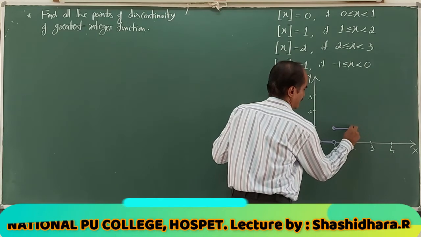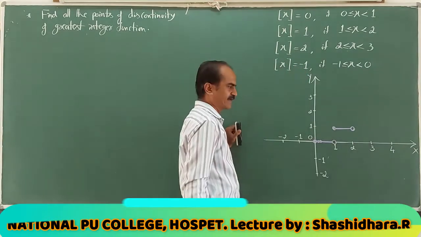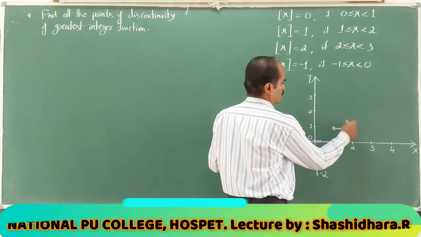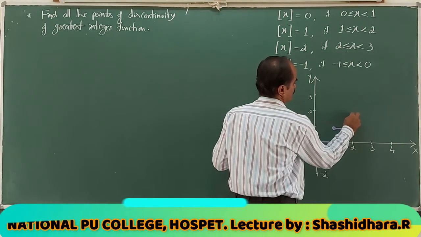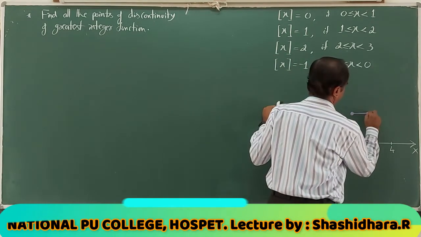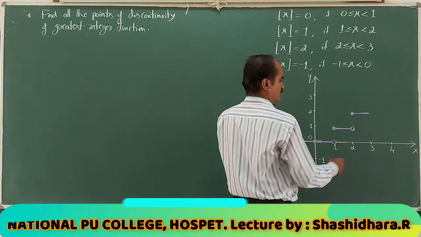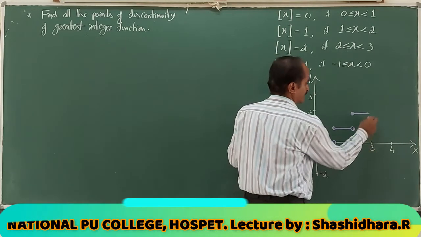And here I write a not without shading, indicating that at x equal to 2, the function value becomes 2. So the values of the function will be 2 whenever x is greater than or equal to 2, strictly less than 3.